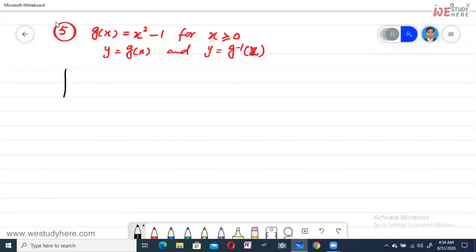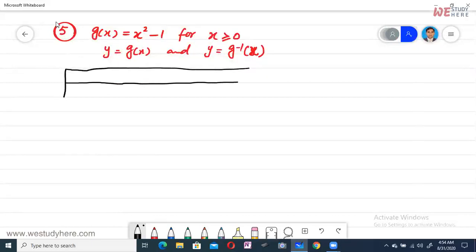For that, we need a table, as domain values are given here. All the domain values are given, that is x greater than or equal to 0.